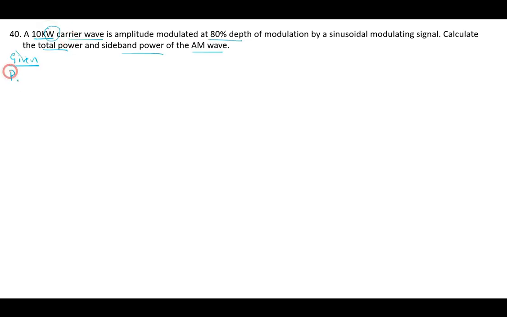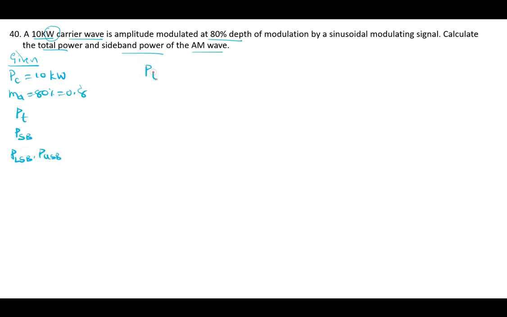So the first one is carrier power, that is 10 kilowatt. Depth of modulation is modulation index, it is 80%, or I can write it as 0.8. I need to calculate total power and sideband power. For the safer side, I can calculate PLSB and PUSB also.